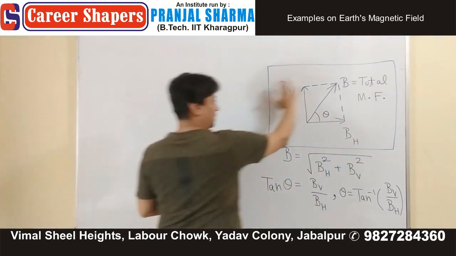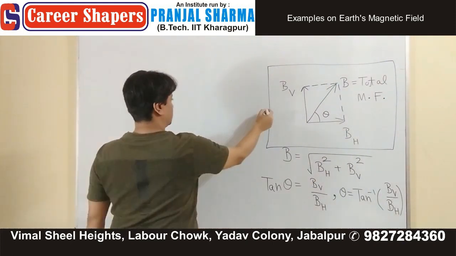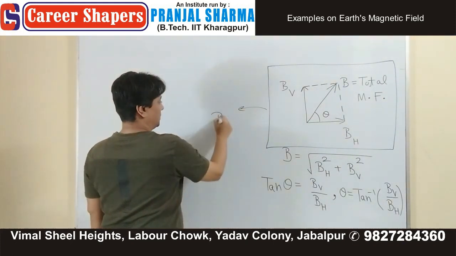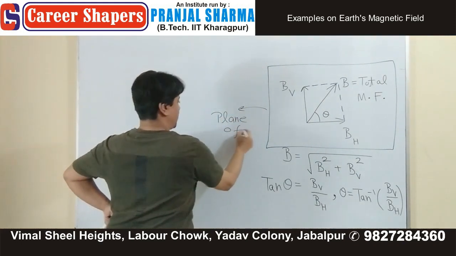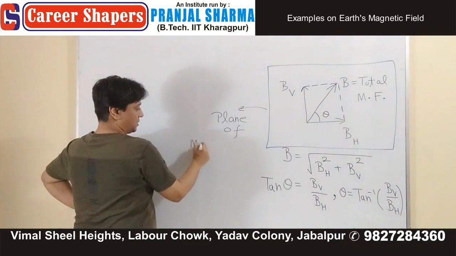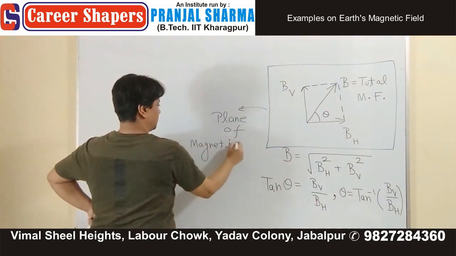It's a vertical plane and we'll call it the plane of magnetic meridian.